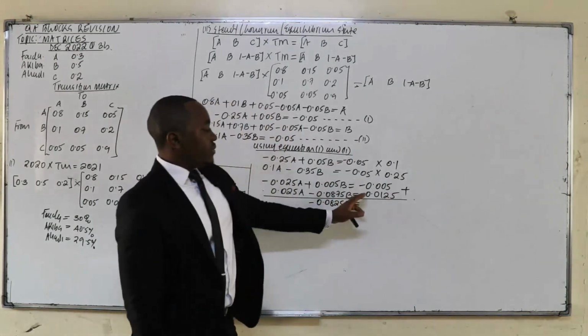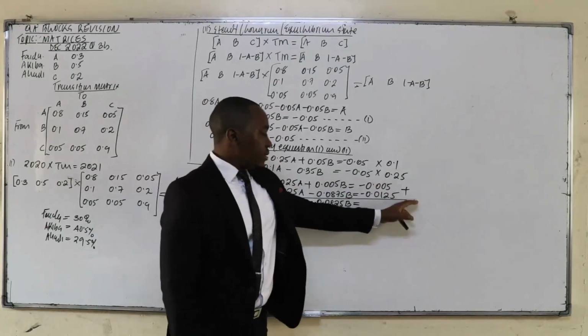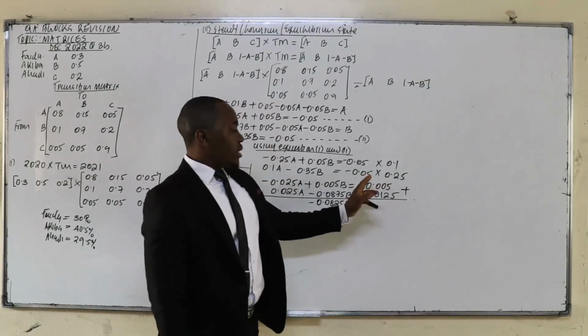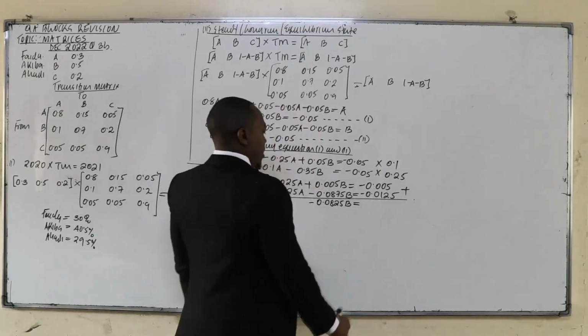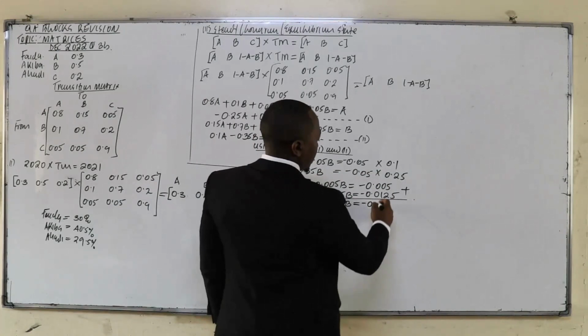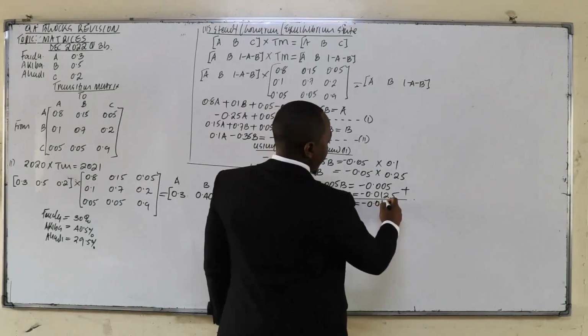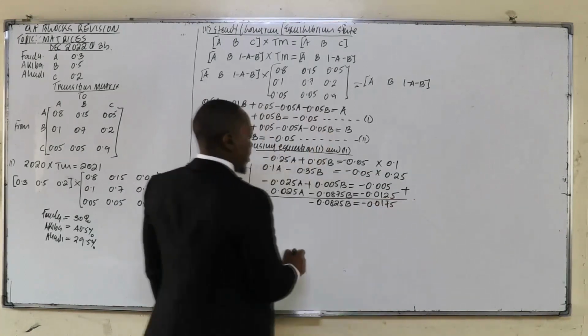You take negative 0.005 plus negative 0.0125, you get negative 0.0175.